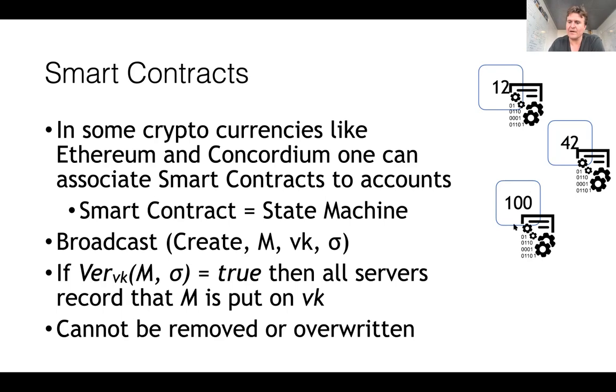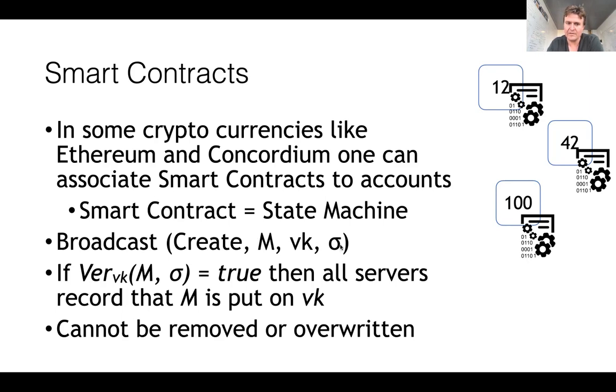So that means now to create a smart contract, it really means you write a smart contract. It's just a piece of code. Let's call it M for machine. It could be in Java, it could be in Haskell, or it could be in any programming language that the blockchain supports. Then you send a message on the blockchain that you would like to associate or create this smart contract on that account.